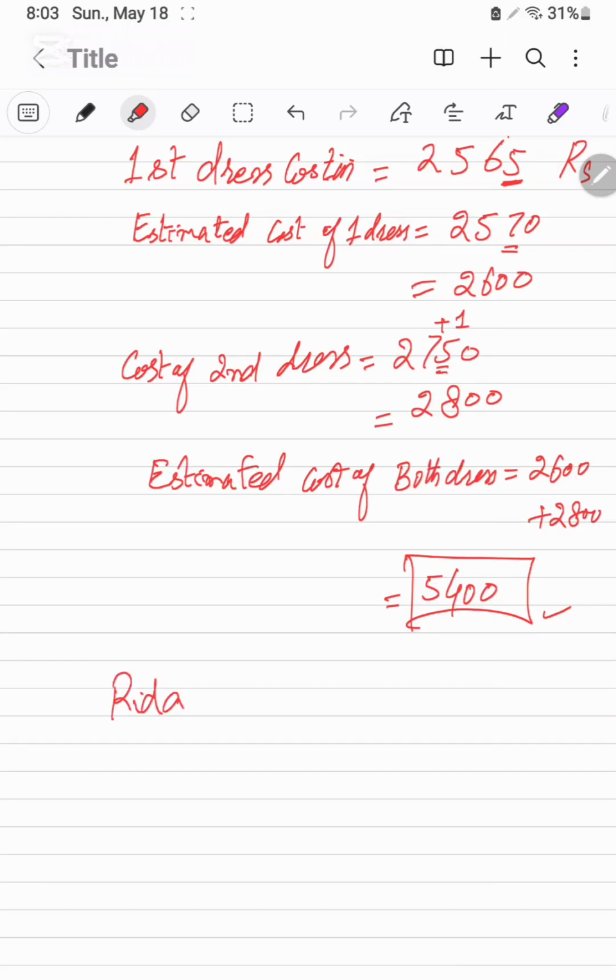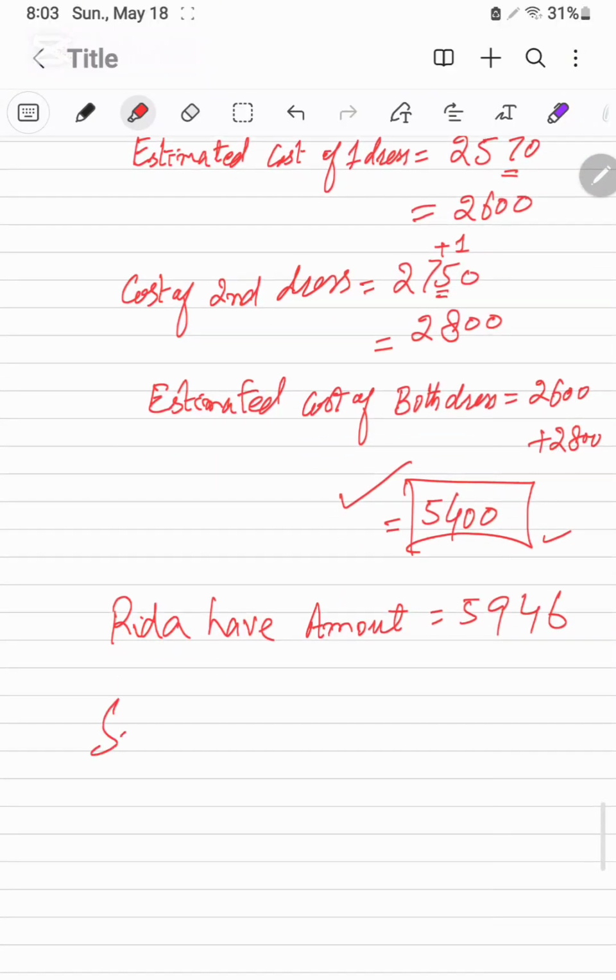Rida have amount, it is 5946, and it is the estimated cost of the both dresses.